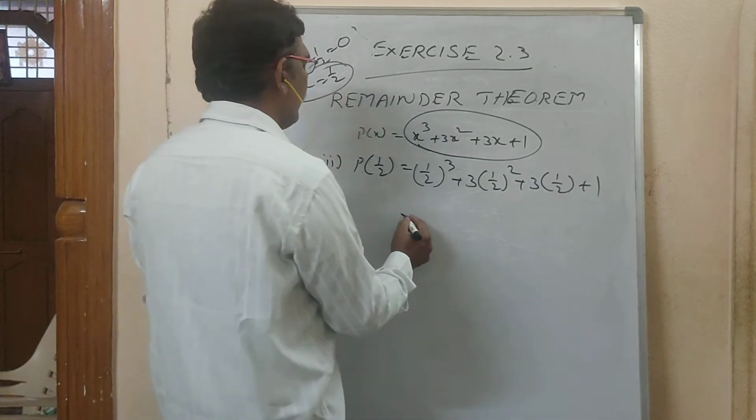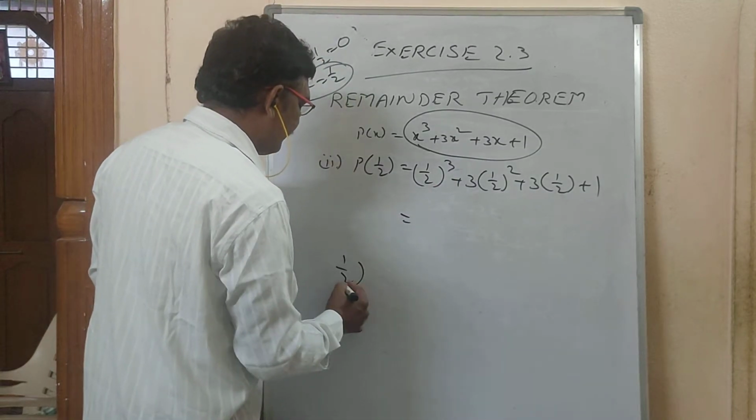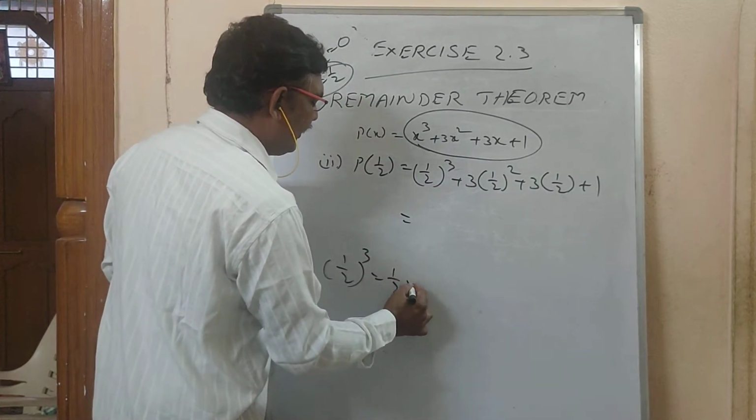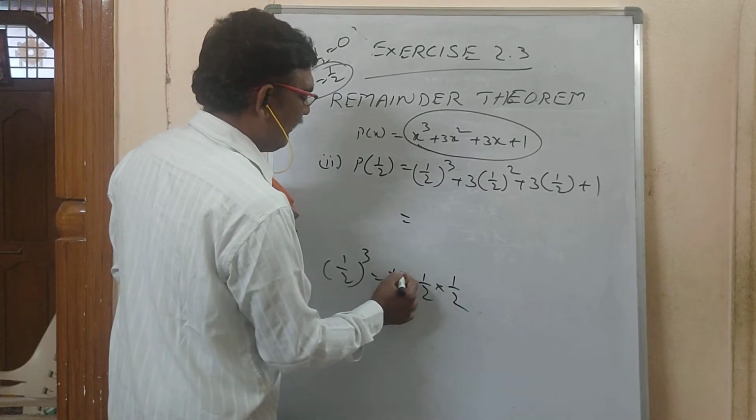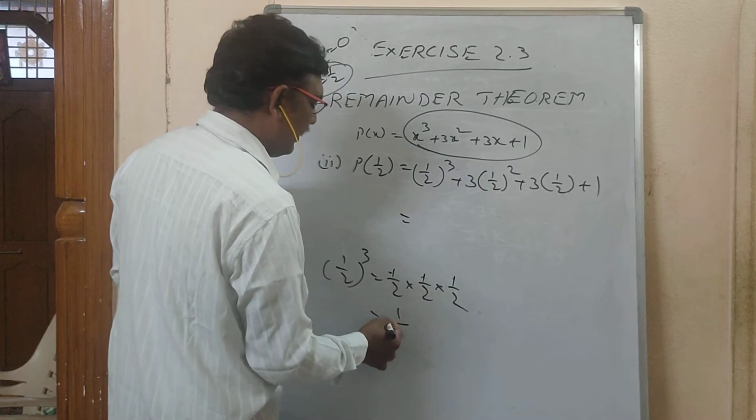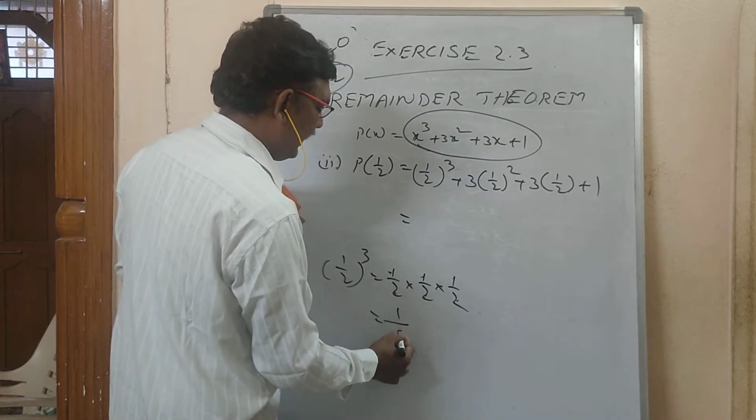Now next, what do you have to do? Half whole cube is half into half into half. Numerator into numerator, 1 ones are 1. Denominator: 2 twos are 4, 4 twos are 8.